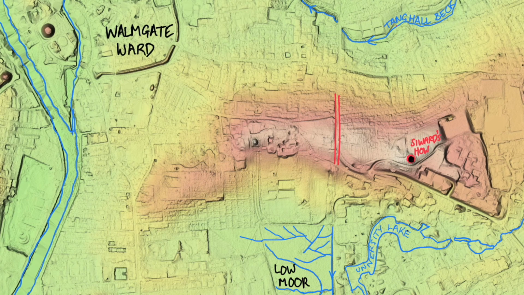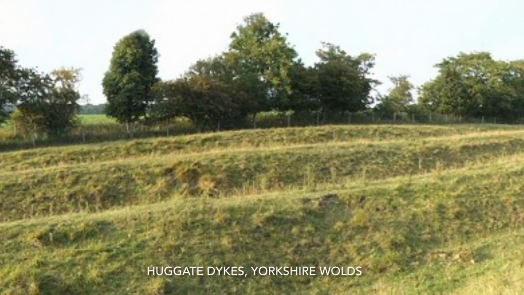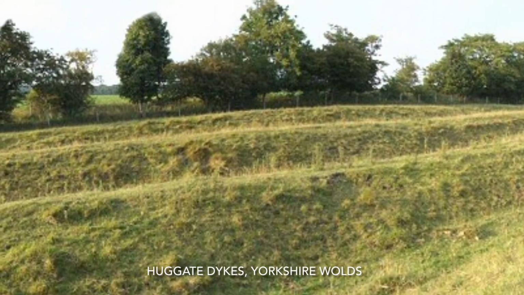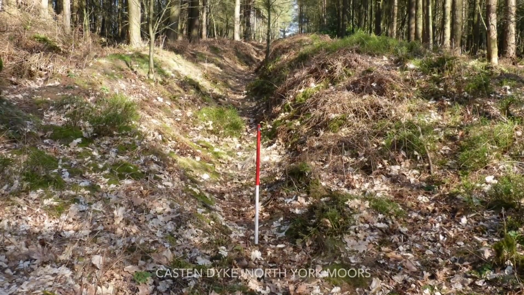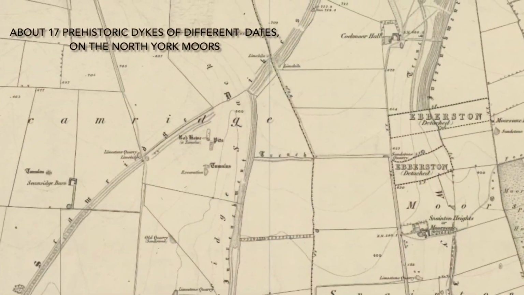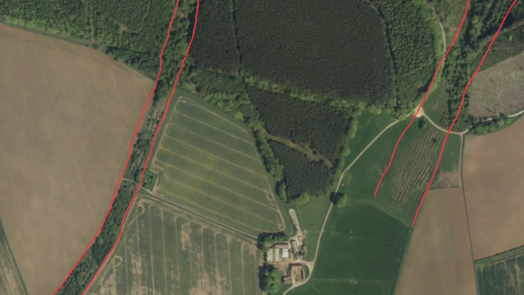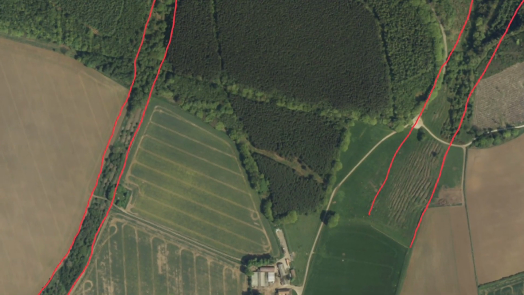Linear earthworks like this one, known as cross-ridge dykes, survive in fair numbers on the Wolds to the east and on the North York Moors, where they usually seem to have acted as territorial boundaries. In terms of date, the earliest examples may belong to the late Neolithic, but the majority seem to have been constructed in the Bronze and Iron Ages.